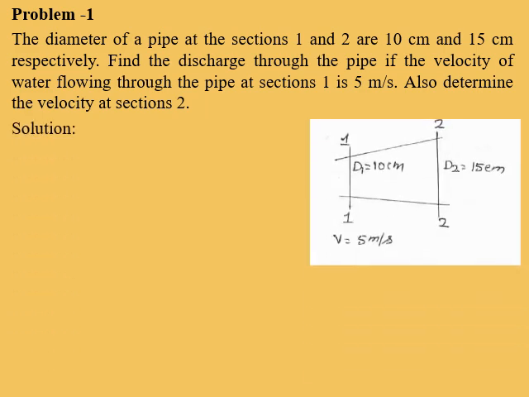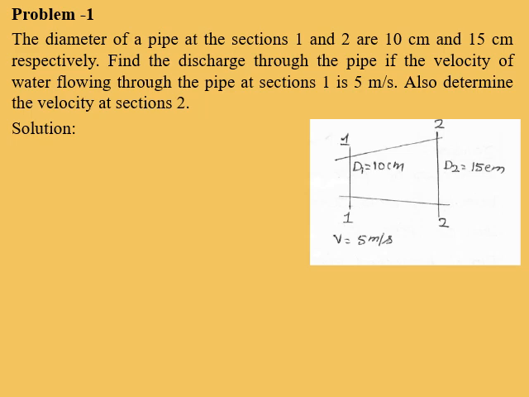So this is the diagram connected to this numerical. There are two sections, section 1-1 as well as section 2-2. In section 1-1, the diameter of the pipe is given as 10 cm and the velocity of the water is 5 meter per second. In section 2-2, the diameter of the pipe is 15 cm, but velocity is unknown.